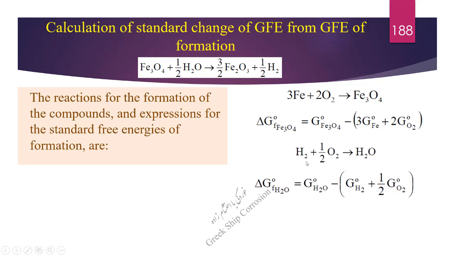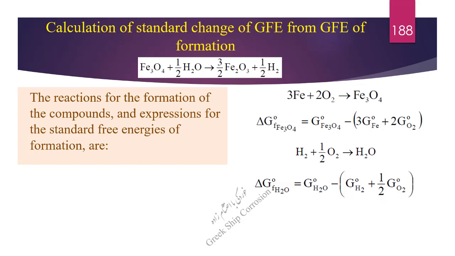And the next reaction, H2 plus half a molecule of oxygen reacts to yield water. The standard Gibbs free energy of formation of water is equal to the standard Gibbs free energy of water minus the sum of the standard Gibbs free energy of hydrogen gas plus the standard Gibbs free energy of oxygen multiplied by the coefficient.